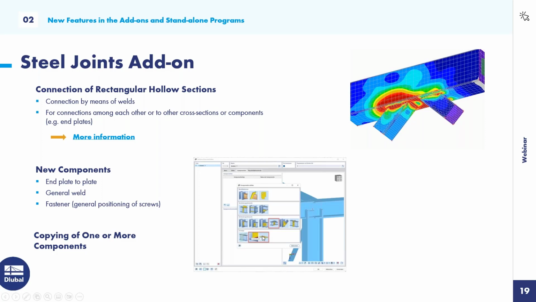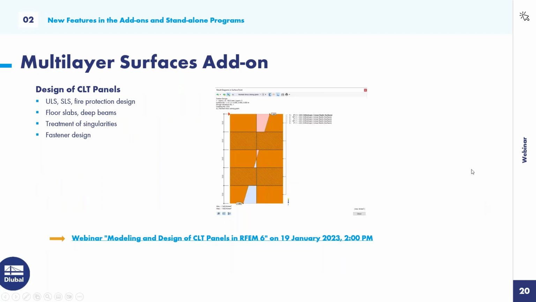Means you can assign a general positioning of screws. And another feature is the copying of one or more components. That's a feature that we already showed in the latest webinar of the steel joints add-on some months ago. You can find it also on our website if you are interested in the steel joints add-on.